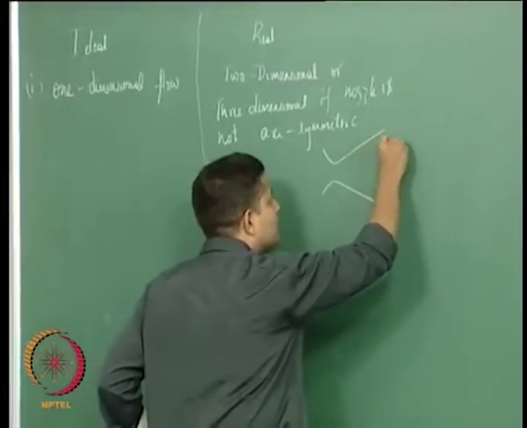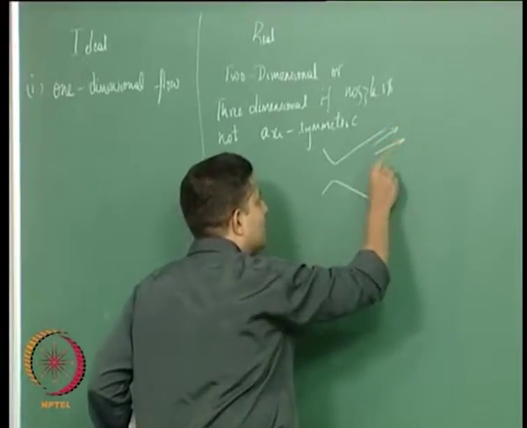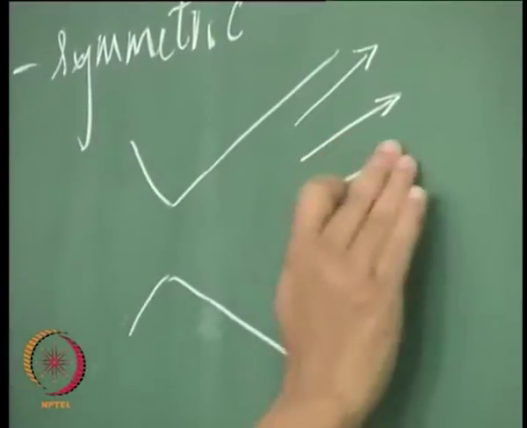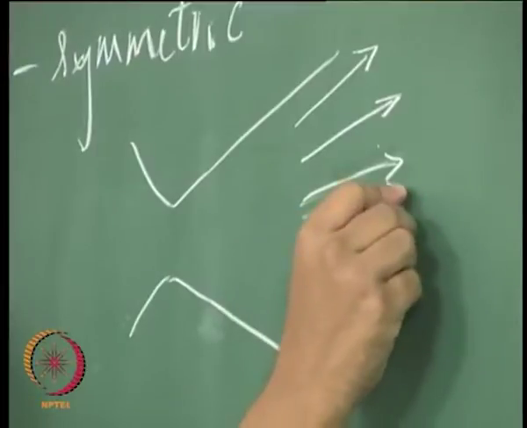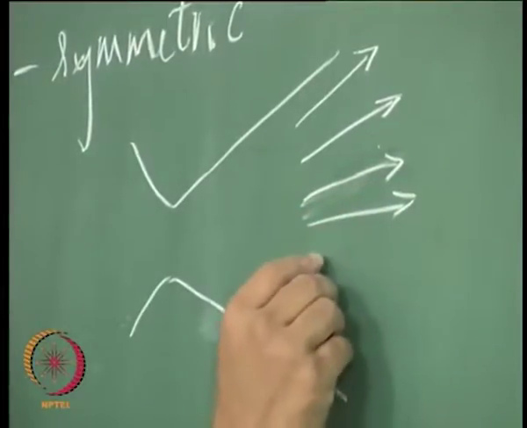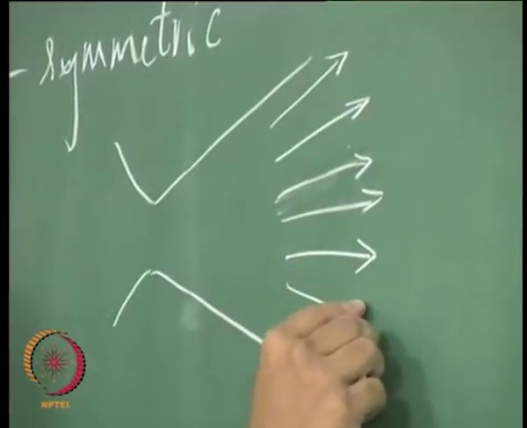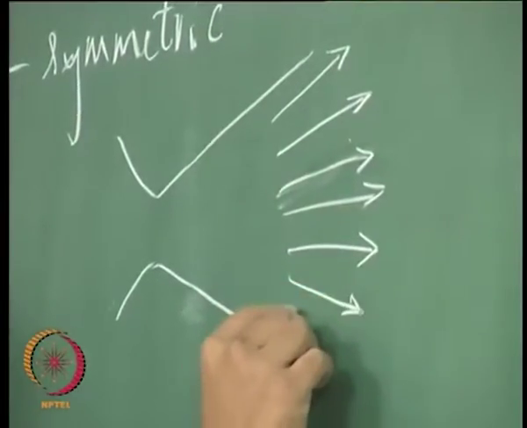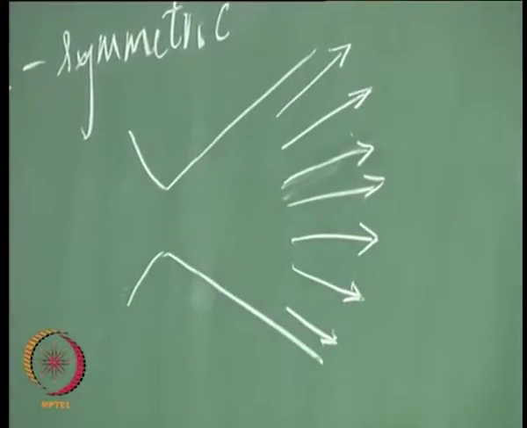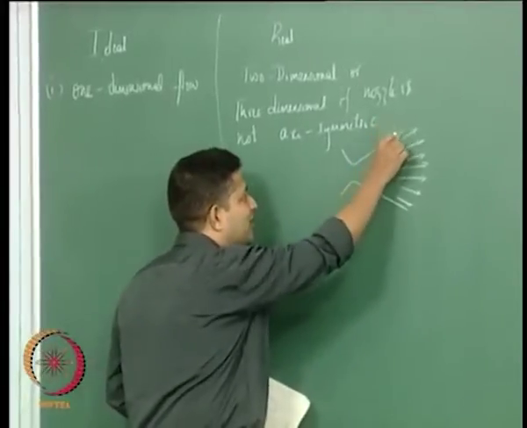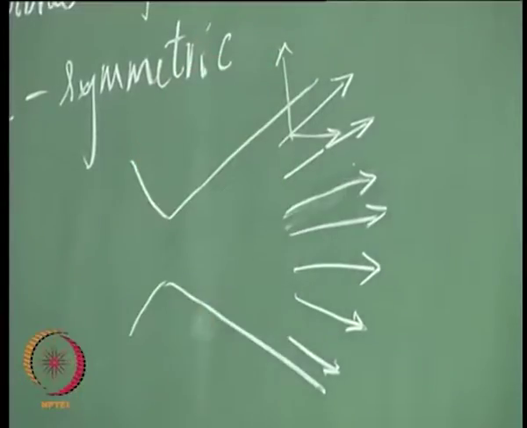Then if you look at the velocity vectors, there is going to be a component in the x direction.